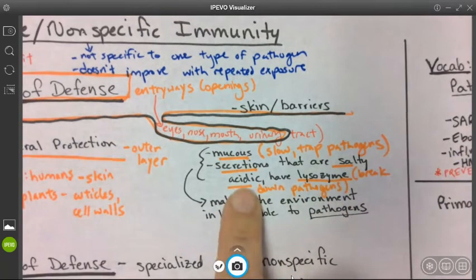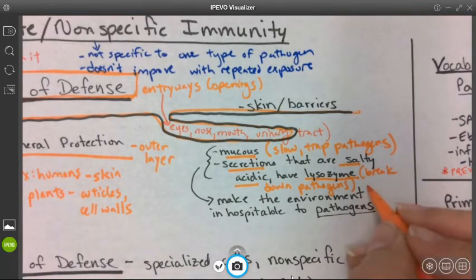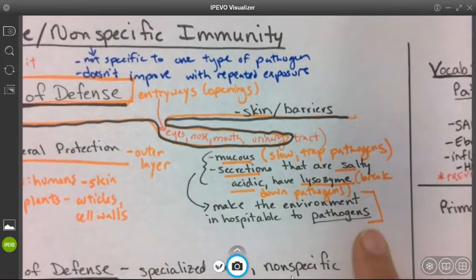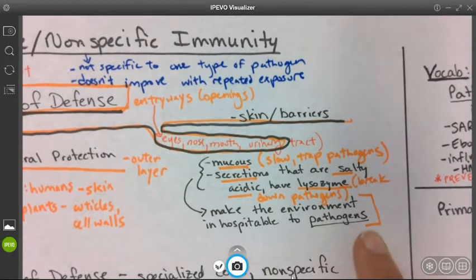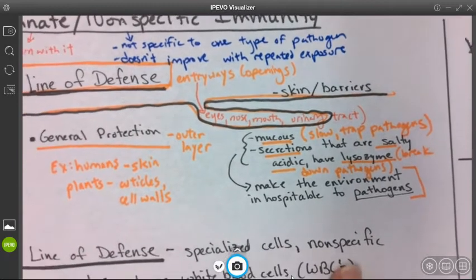For example, your tears are secretions from your eyes that have antimicrobial properties. Basically, all of these things, the mucus and the secretions, make the environment inhospitable to pathogens. But again, they're nonspecific. They just slow down and break down all types of pathogens the same way, and they react the same every single time. So that's your first line of defense.